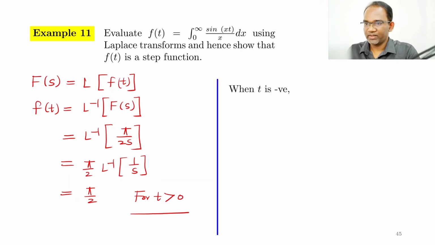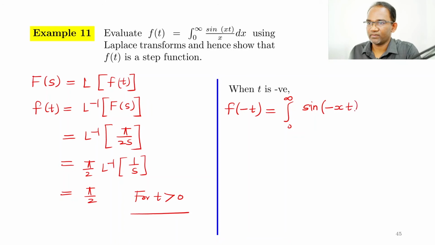So what happens when t is negative? When t is negative, we have f of minus t equal to integral 0 to infinity sin of minus xt divided by x times dx. Sine of minus theta is minus sine theta, and therefore this is negative of integral 0 to infinity sin(xt) over x times dx.